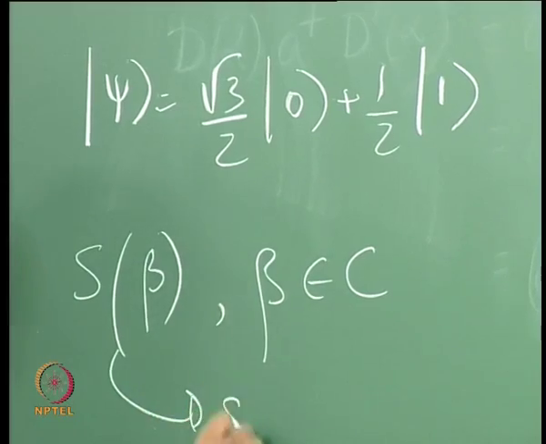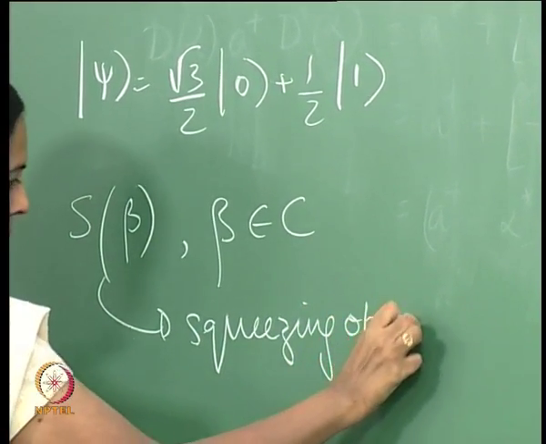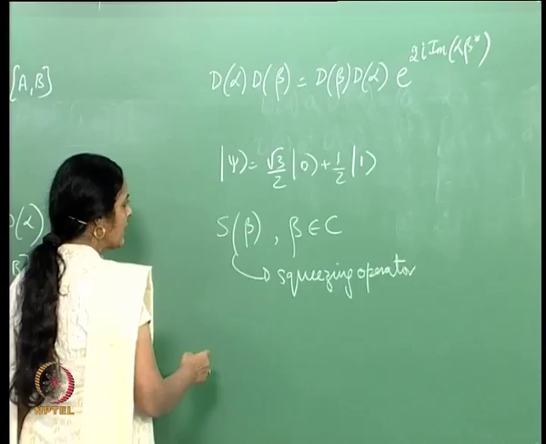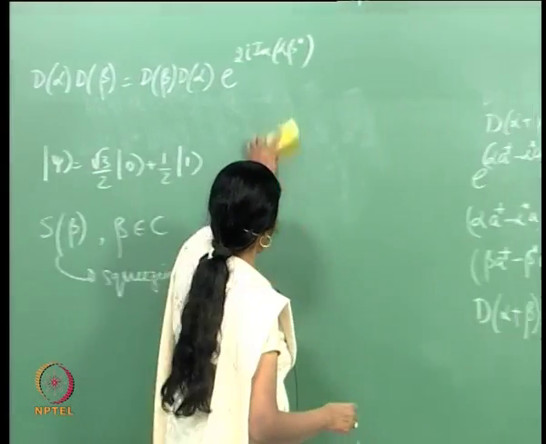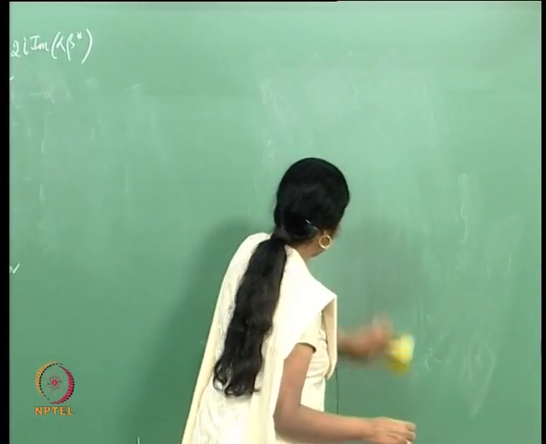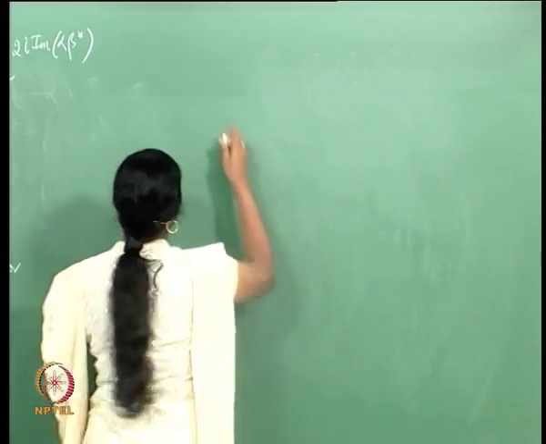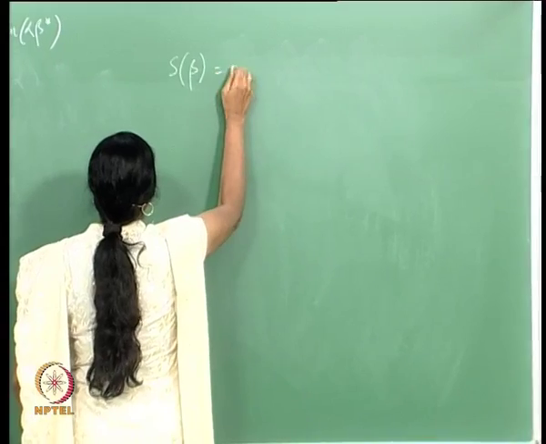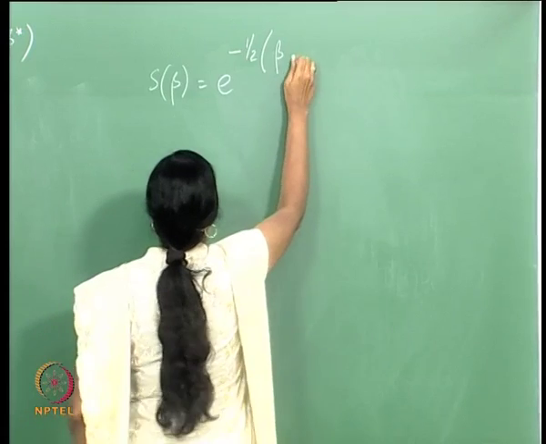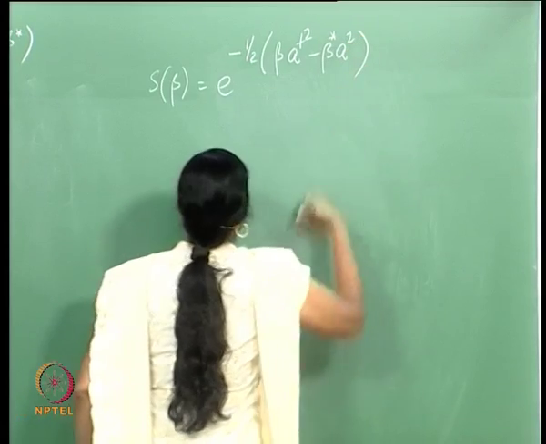This is the squeezing operator. S of beta is defined in the following manner. S of beta is e to the minus half beta a dagger squared minus beta star a squared.